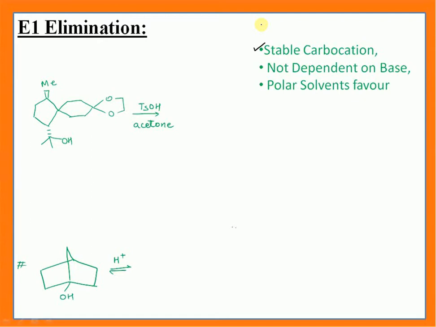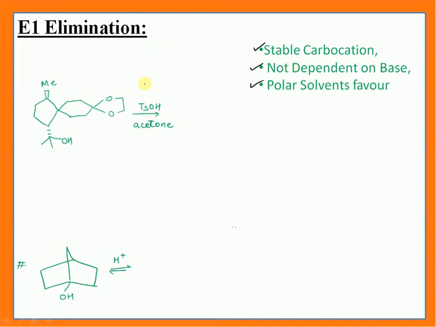It is not dependent on base. We have already discussed that it depends on the alcohol which is undergoing the elimination reaction. Then polar solvents favor E1 elimination. Same concept as we applied on the SN1 reaction, that polar solvents can solvate or stabilize the intermediate carbocation form.